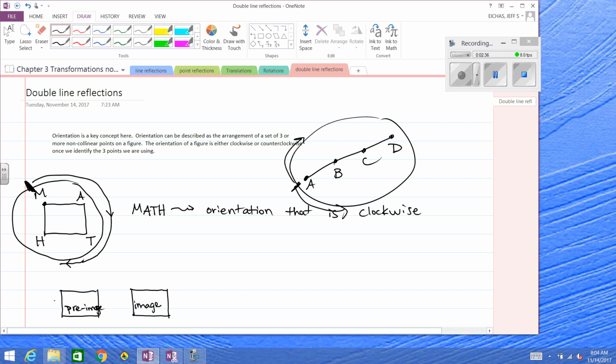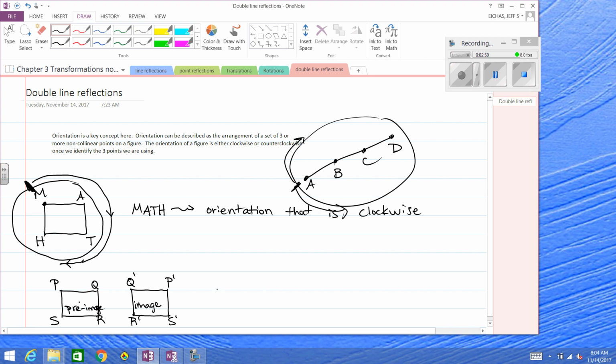So let's say we go P, Q, R, S. Now, what if that's P prime, Q prime, R prime, and S prime? Would we be able to tell now what happened from here to here? The answer is yes.